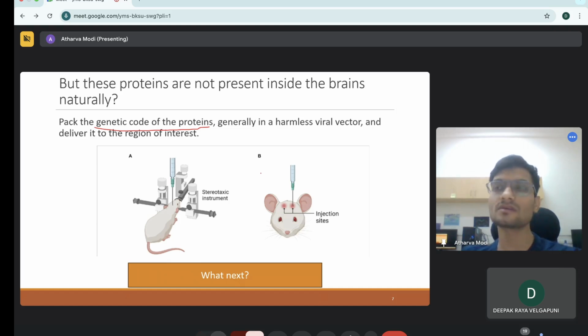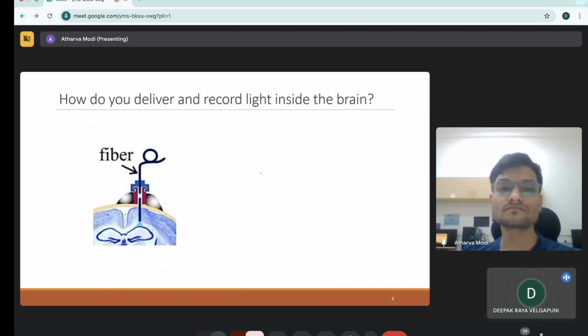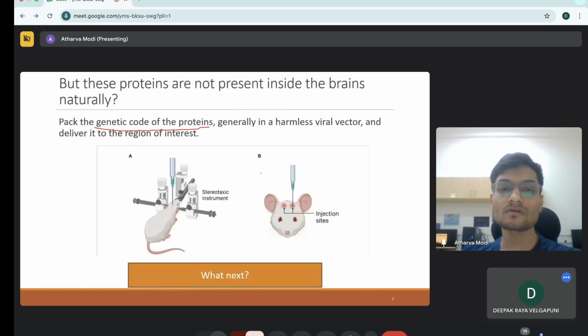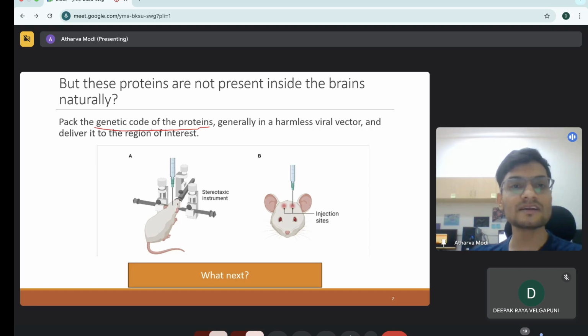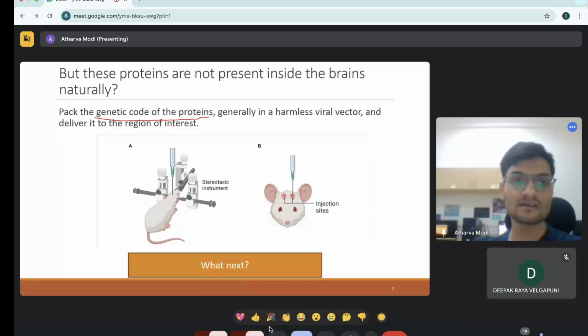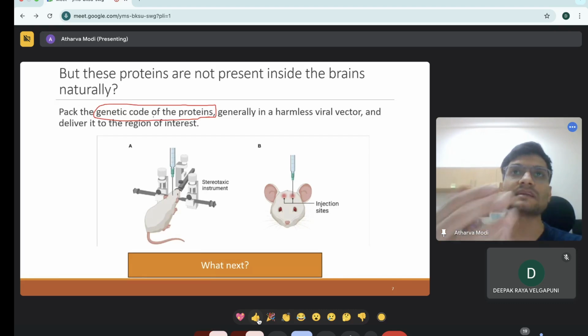So is it just the extra protein coming in, but not changing the DNA? No. What we do is, this genetic code is also DNA only, but a piece of DNA that is expressed separately.